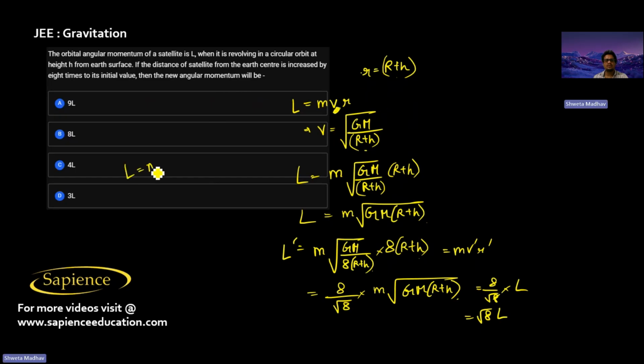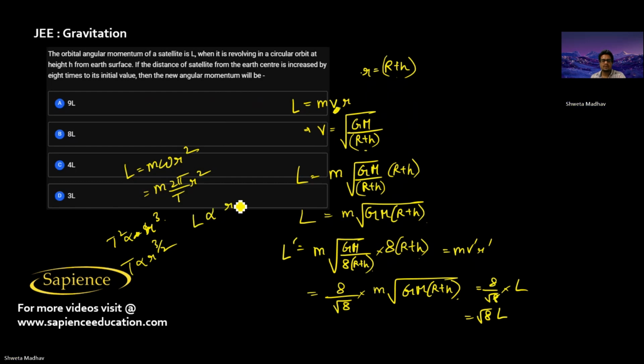You know that L is equal to m omega r square. Now omega is 2 pi by T, into r square. T square is proportional to r cube, so I can say that T is proportional to r power 3 by 2. I can say L is directly proportional to r square by r power 3 by 2, means L is proportional to r power (2 minus 3 by 2), so L is proportional to r power 1 by 2.